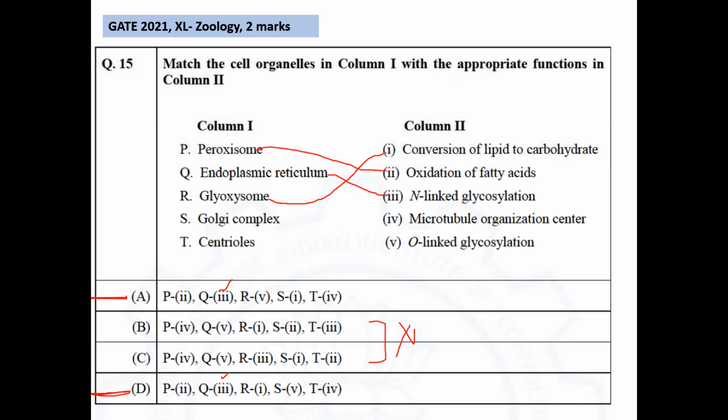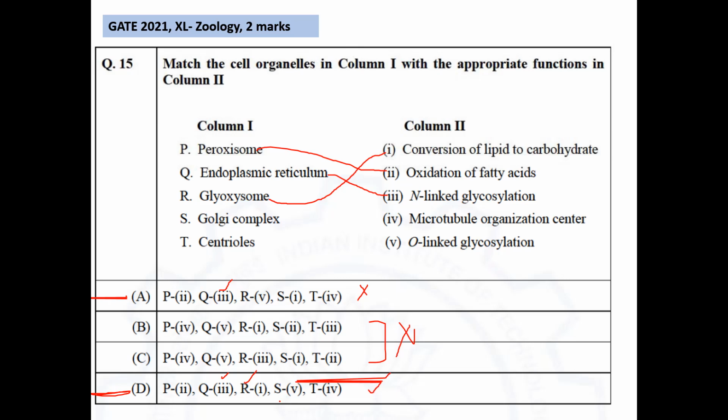We saw that it helps in the conversion of lipid to produce glucose molecules, which helps the seedlings to survive before they start photosynthesis. So in glyoxysome, the correct option will be 1. So here R is 1 and here R is 5. So this is the wrong option and this is the right option.